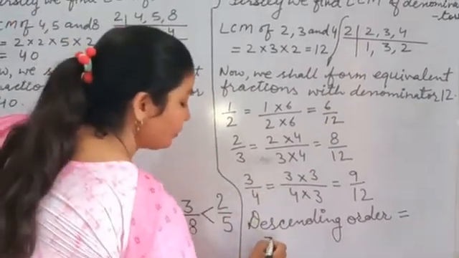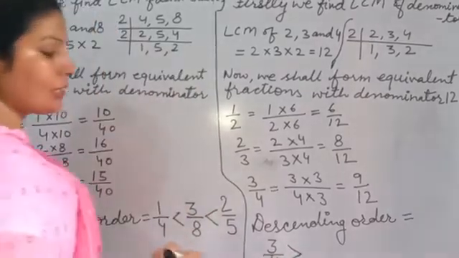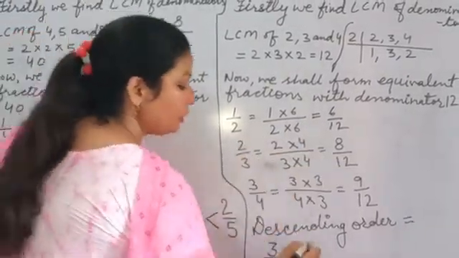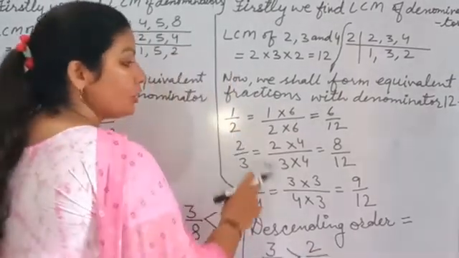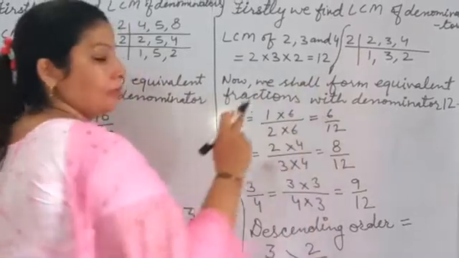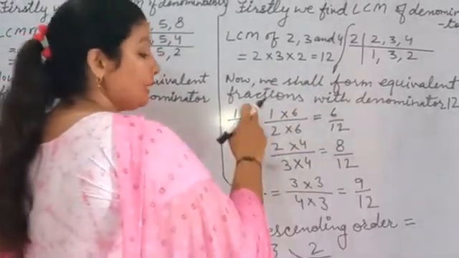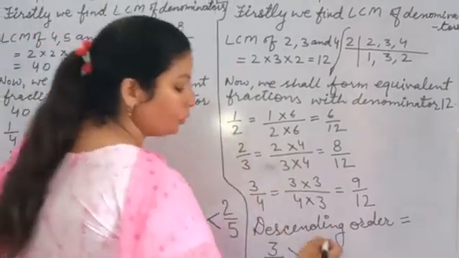So we write here 3/4. Now which symbol? Greater than, because this is the largest one. Then after that 8/12. It comes from 2/3. So we write the original fraction. Because these are the original. These we make equivalent, but only for comparison we see them. But write the original one. Okay. Then after that 1/2.